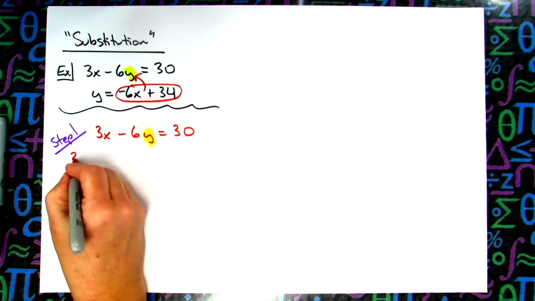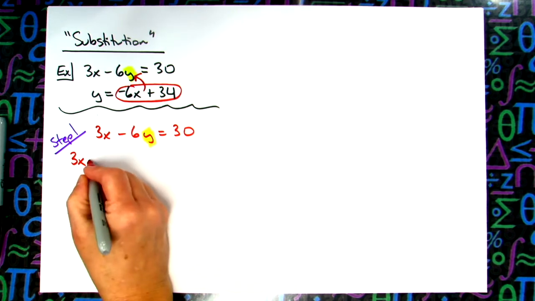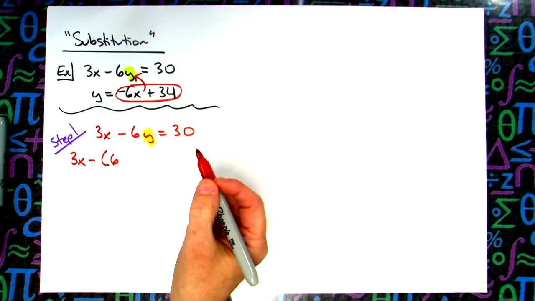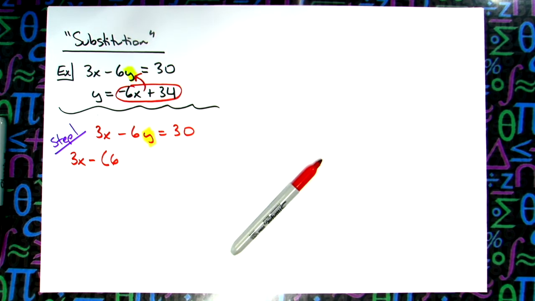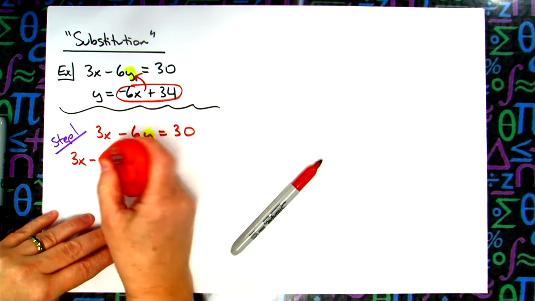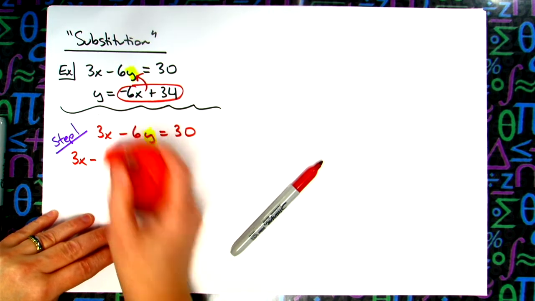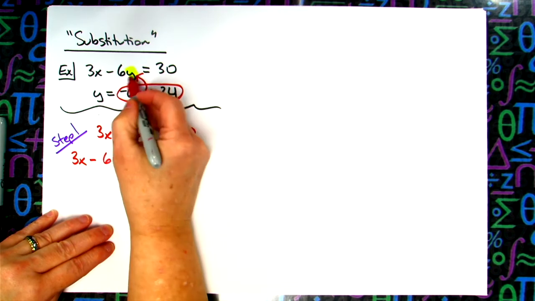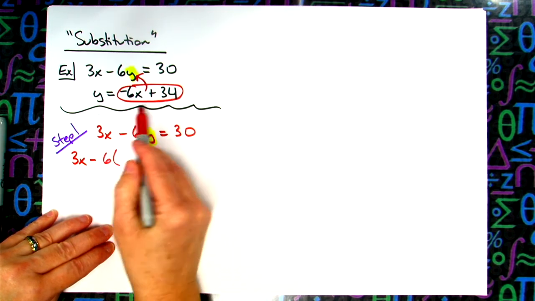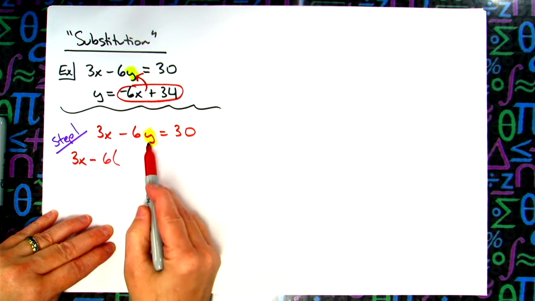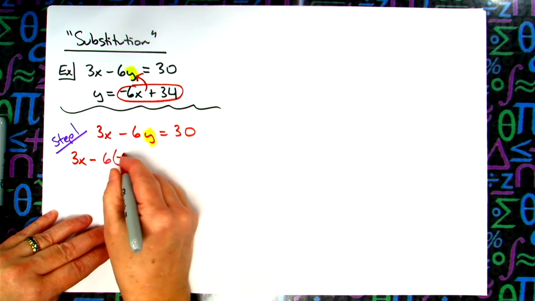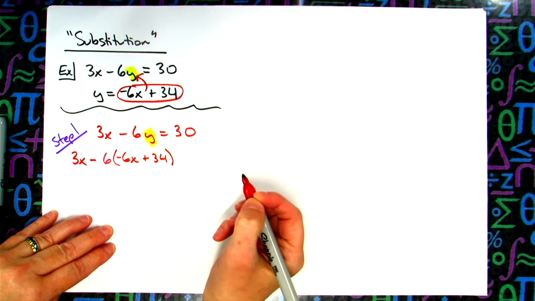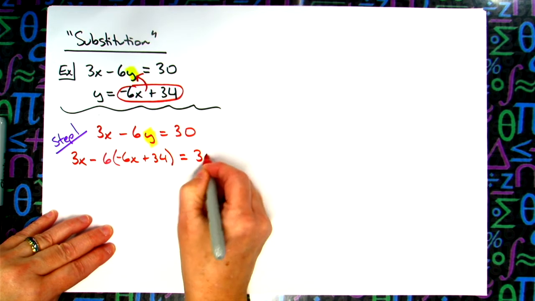So I'm going to have 3x minus 6. I don't like the way I wrote that. I don't need a bracket around that yet. Let me write that over again so it looks a little bit better. Minus 6. Now I'm going to replace the y and put my bracket in, because I have this binomial to put in for that y. So negative 6x plus 34, and then equals the 30.